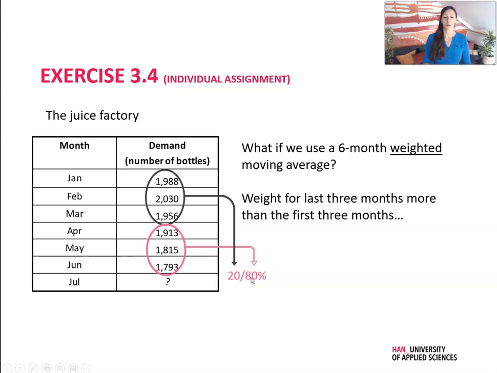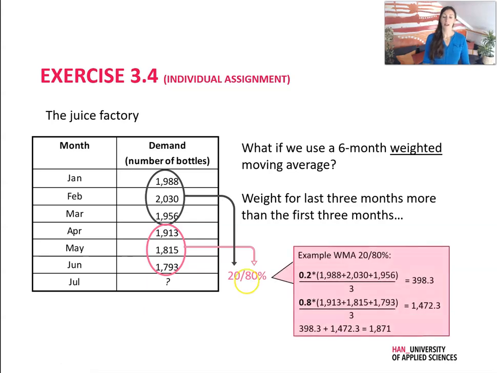So what does it mean when we're doing calculations? Here we go. We are going to add up the sales of the initial 3 months, so January, February, March, and we multiply them by 0.2 or 20%. And then we average, we divide them by 3. We do a similar thing with the last 3 months, April, May, and June, but we multiply them by 0.8 or 80%.